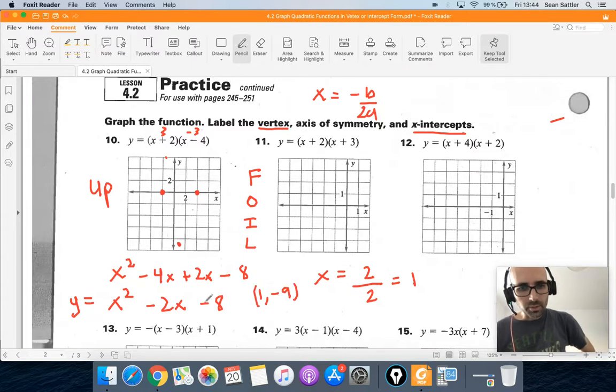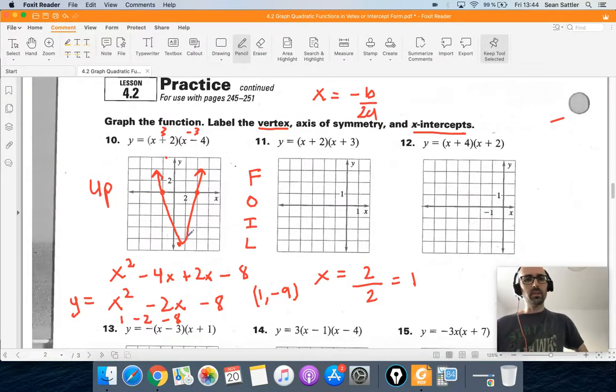We could also plug in 1 here. 1 squared is 1, minus 2 times 1 is minus 2, and then minus 8. 1 minus 2 minus 8 is also negative 9. So I can sketch my graph like this. It should look a little bit more symmetric than that, but I think you get the idea.